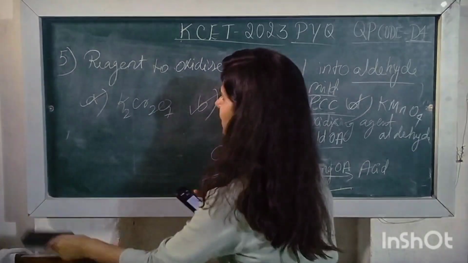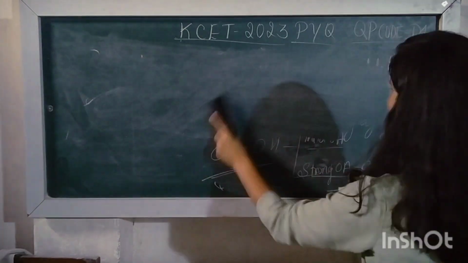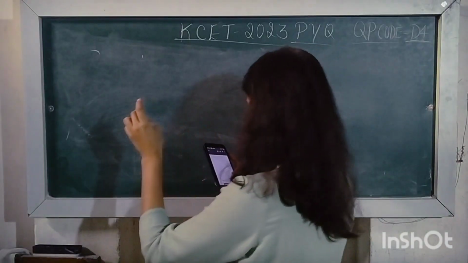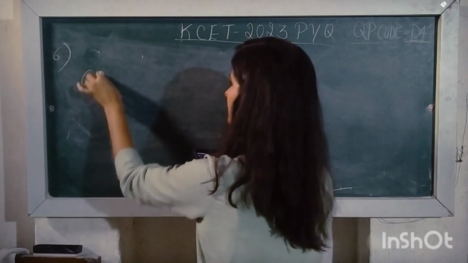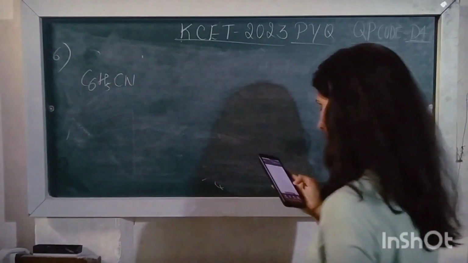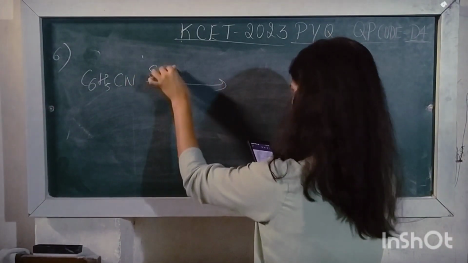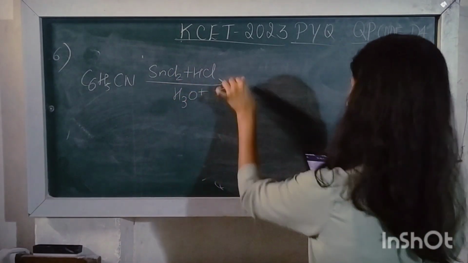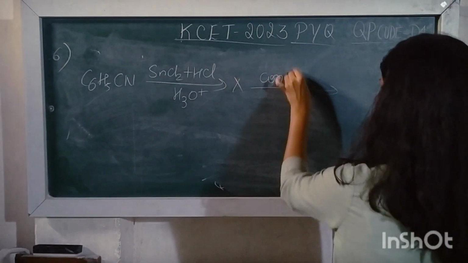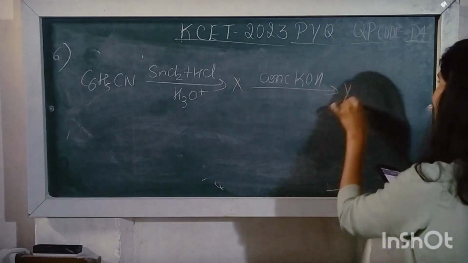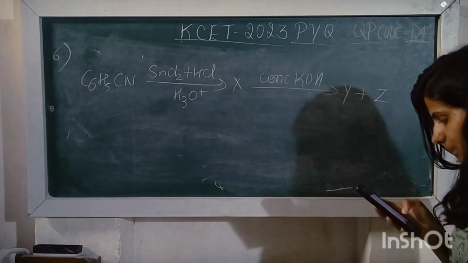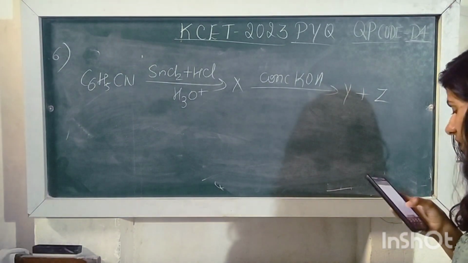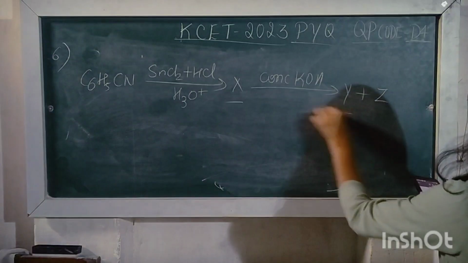In this question, we are given a reaction. Let's see the reaction. C6H5CN reacts with SnCl2 plus HCl as the reagent, then H3O plus gives X, and then treatment with concentrated KOH gives Y plus Z. Which is the reaction undergone in the formation of X and the formation of Y?